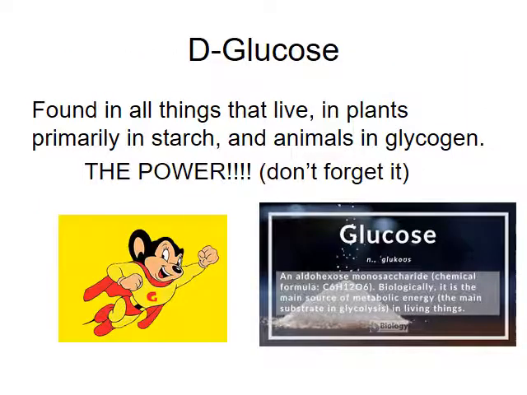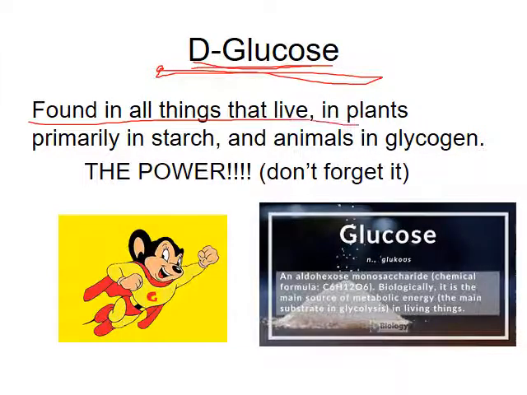All right. Now what we're going to do is talk about the function of our 3 macromolecules. And we're going to talk about glucose, D-glucose. All right. D-glucose is found in all living things. Plants, animals, bacteria, etc. Okay.